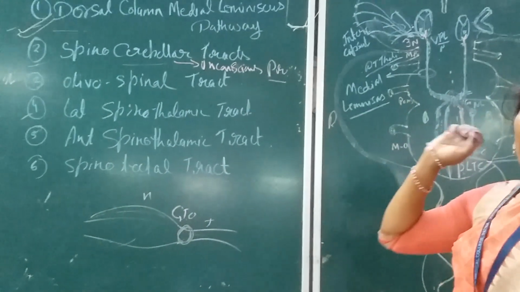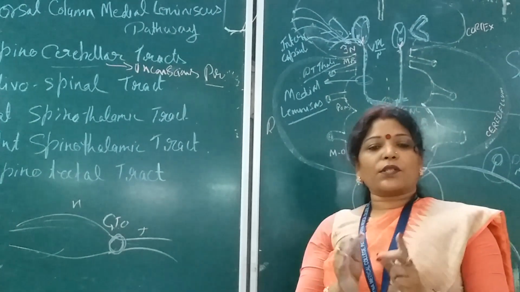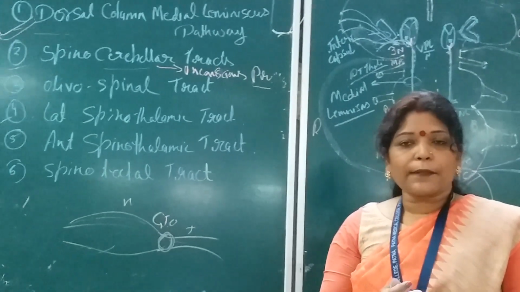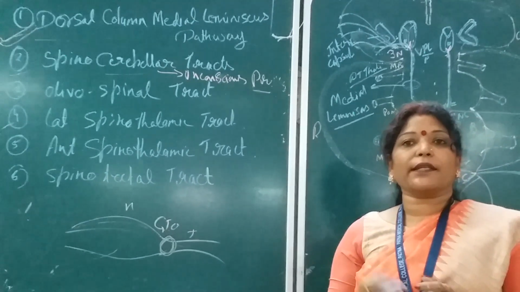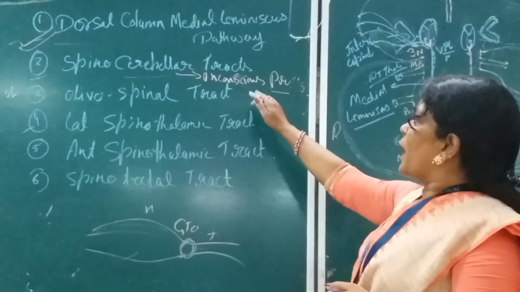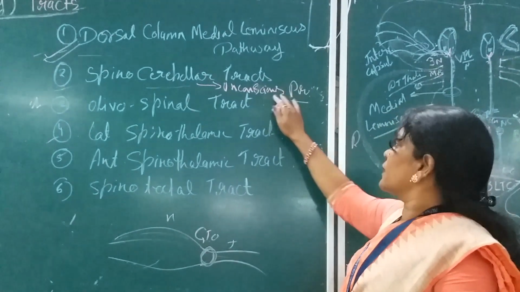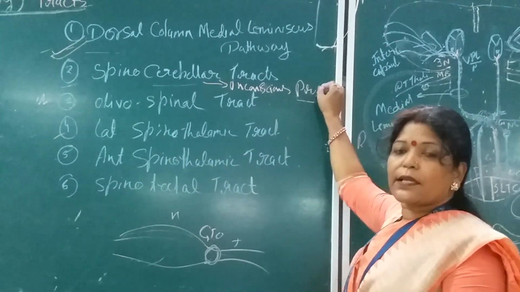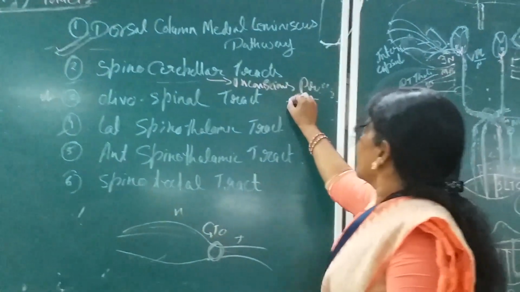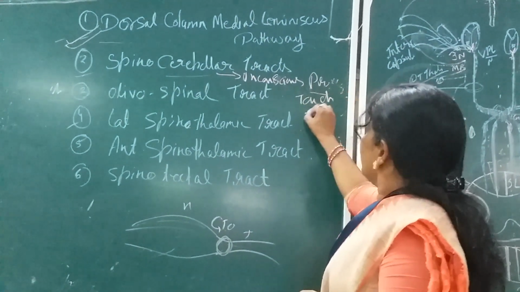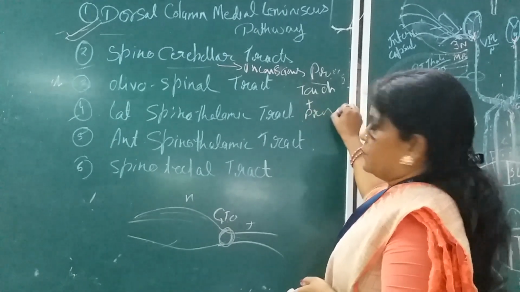So what else other than the unconscious proprioceptive impulses? There are some exteroceptive impulses. In recent studies it has been seen that this spinocerebellar tract, other than the unconscious proprioceptive impulses, also carries some exteroceptive sensation like touch and pressure. Touch and pressure also, isn't it?